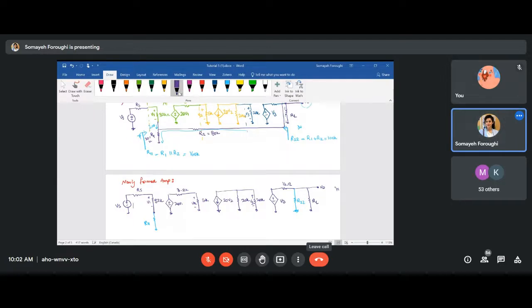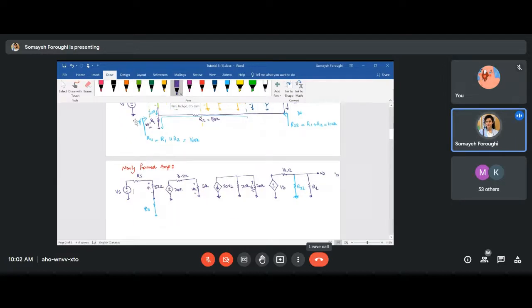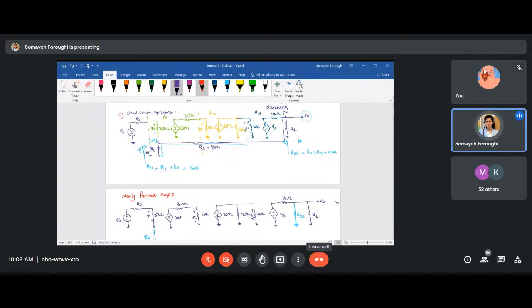Fine. Now, after breaking your feedback, something will happen to your input resistance and output resistance. Previously, if you looked at here, we were looking at Rin, and if we were looking from here, we were looking at Rout. Now, it is still the same.